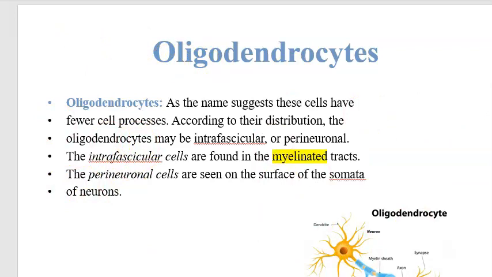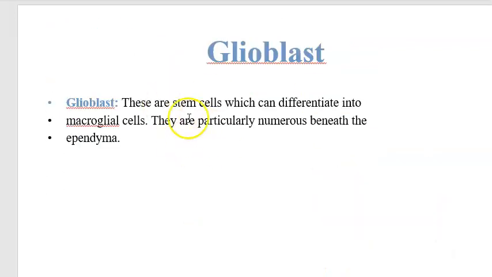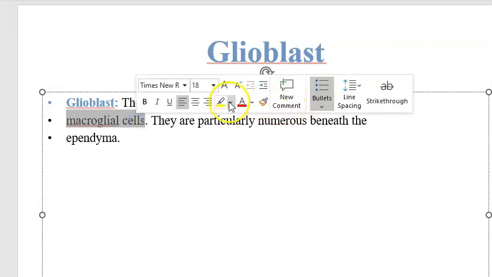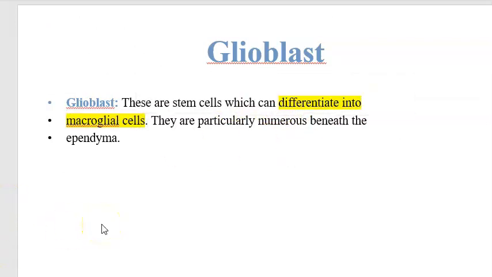We'll just stick to that much information. Next, glioblast. These can differentiate into macroglial cells. So this glioblast can become an astrocyte or oligodendrocyte, etc. Blast means it will become whatever it wants.